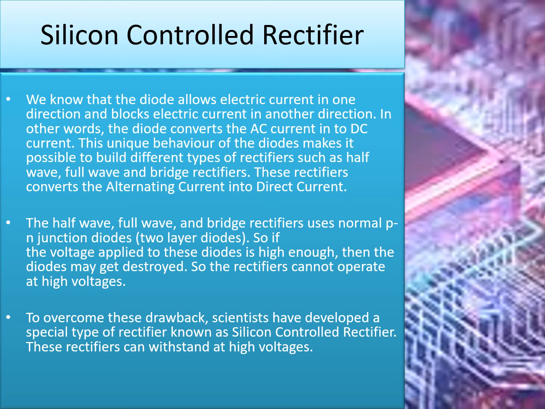The half-wave, full-wave, and bridge rectifier use normal PN junction diodes, two-layered diodes. So, if the voltage applied to those diodes is high enough, then the diodes will get destroyed. So the rectifier cannot operate at high voltage. To overcome the drawback, scientists have developed a special type of rectifier known as silicon controller rectifier.